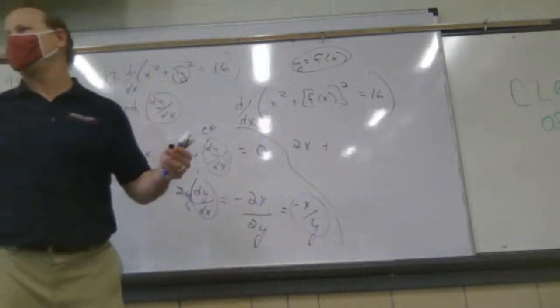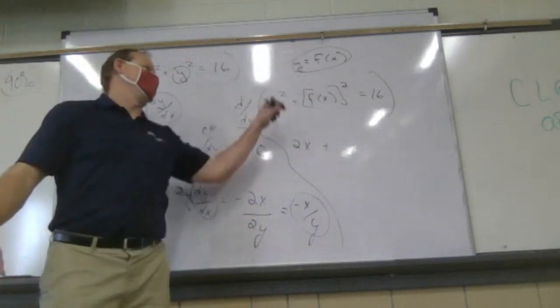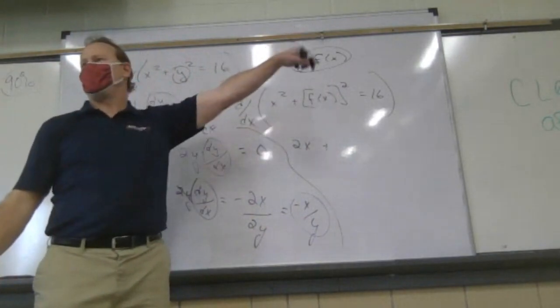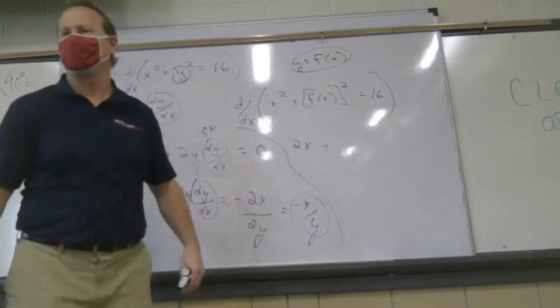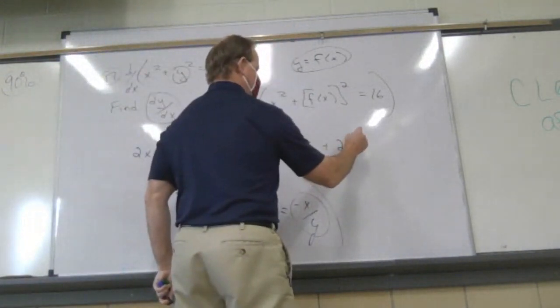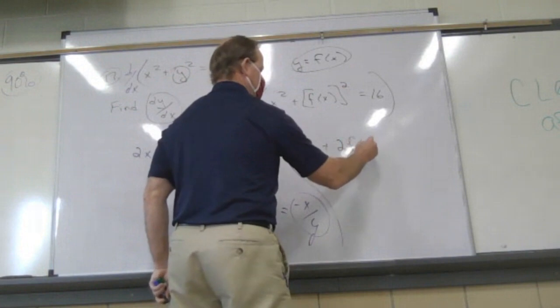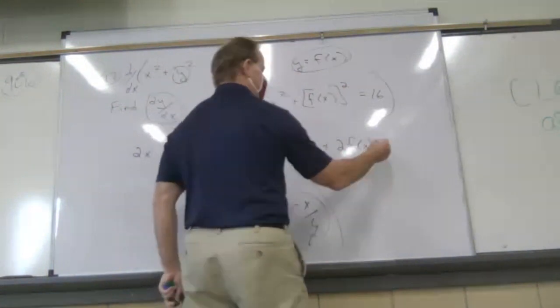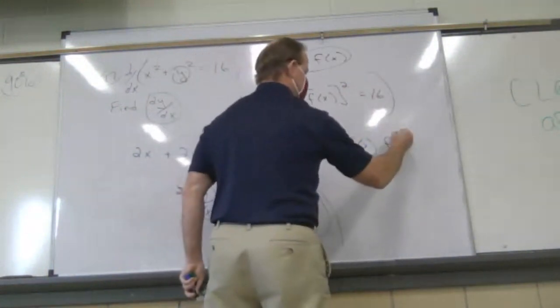This is just the generalized chain rule. We said it's n times f of x to the n minus 1 power times f prime of x. So this is going to be 2 times f of x to the first power, which is just 2 times f of x times f prime of x.